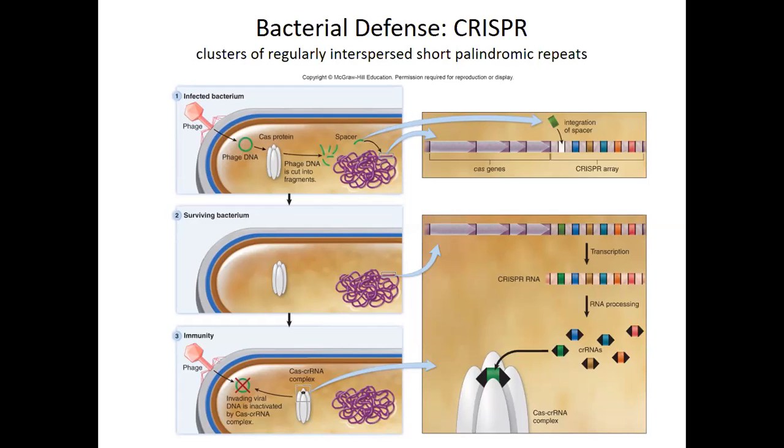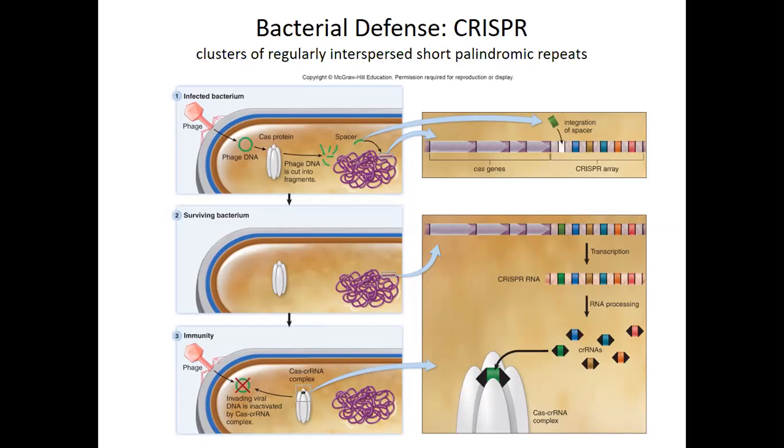It chops it up. And then you have this CRISPR array within the bacterial chromosome that has these small, basically little openings where you can insert small segments of viral DNA. And so basically what you see here is each color is indicating a different phage infection. So this bacteria has gone through a lot. But then what we have happen here is this CRISPR array gets transcribed.